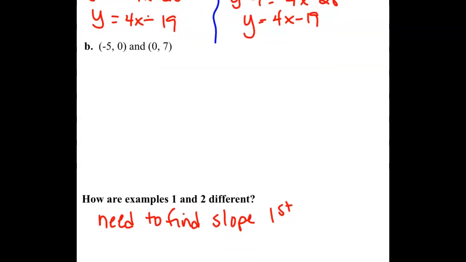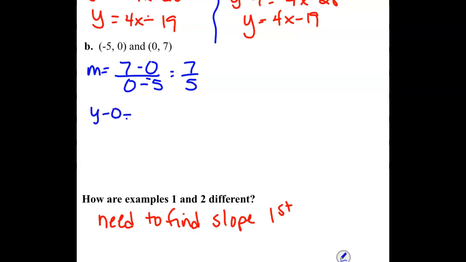I want you guys to do the next one. All right, our slope would be 7 minus 0 divided by 0 minus negative 5. So 7/5. All right. Which point did you use? First one? If we use the first one, we'd have y minus 0 equals 7/5 times x minus negative 5. Now, we should clean this up because we're never going to leave it y minus 0, right?